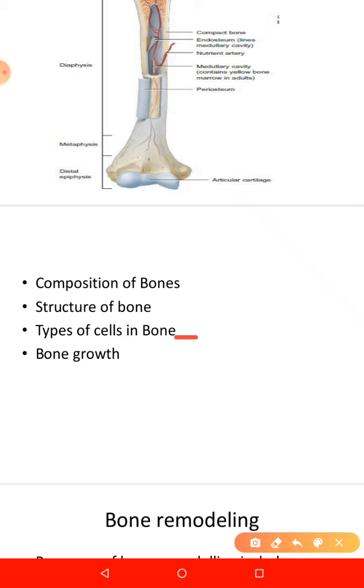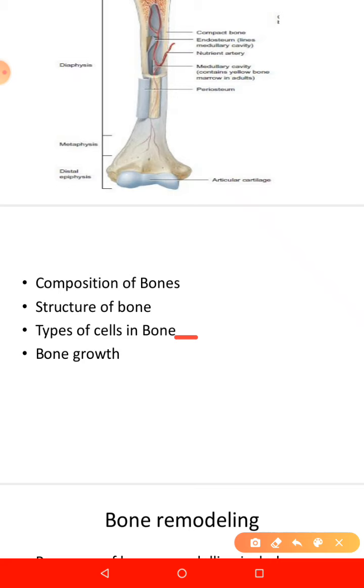What do we mean by maintenance? They help to maintain the bone as a living tissue because of their metabolic activities. They also help to exchange calcium between the bone and plasma, which is the extracellular fluid. So the osteocysts are involved in maintenance of bone.